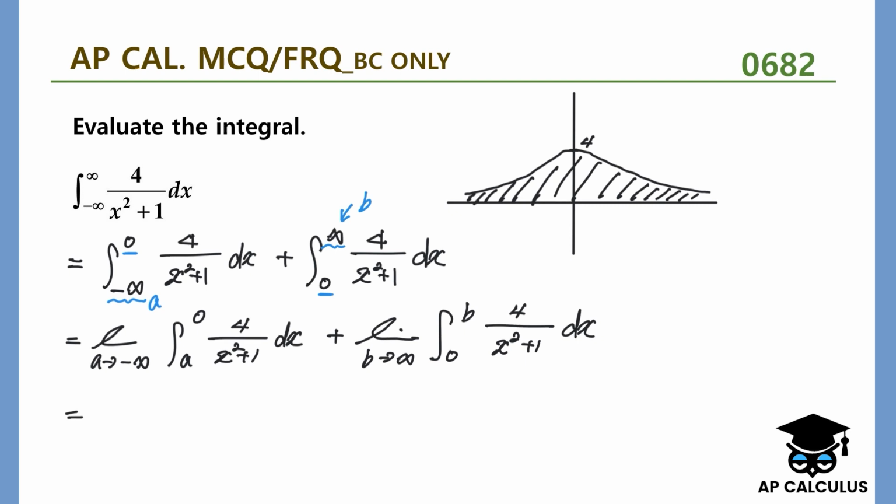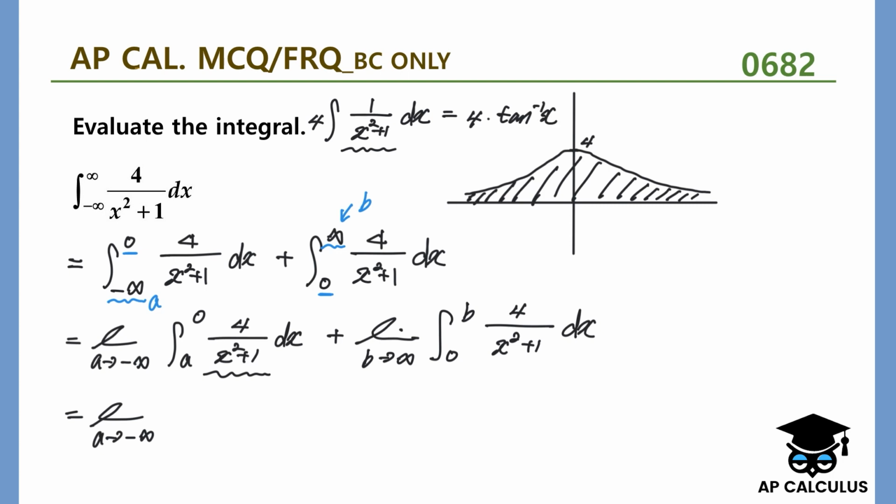So that is equal to the limit as a approaches negative infinity. Here, the antiderivative of this expression is actually inverse tangent, right? Think about this. The integral of 4 over x squared plus 1 is 4 times the integral of 1 over x squared plus 1 dx. The derivative of inverse tangent is 1 over x squared plus 1, so the antiderivative of this is 4 times inverse tangent x.